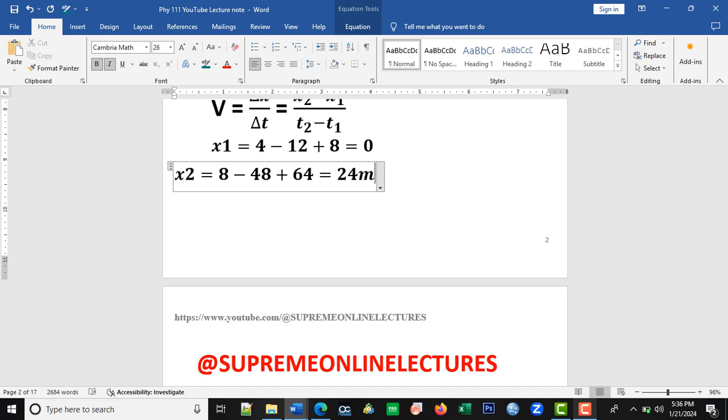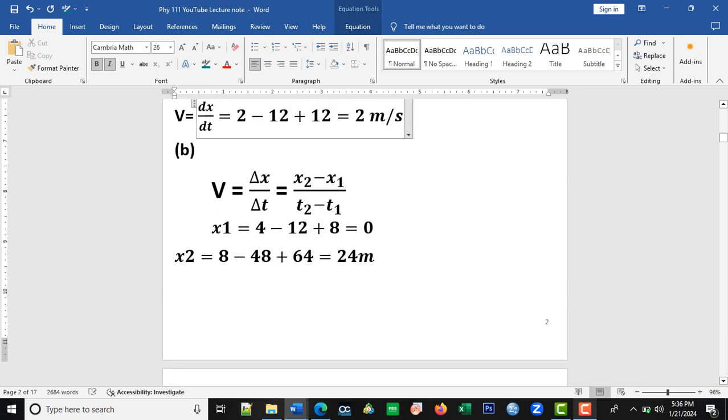24 meters for displacement. So what do we mean now? The rate of change of displacement, x2 minus x1, would give us 24.